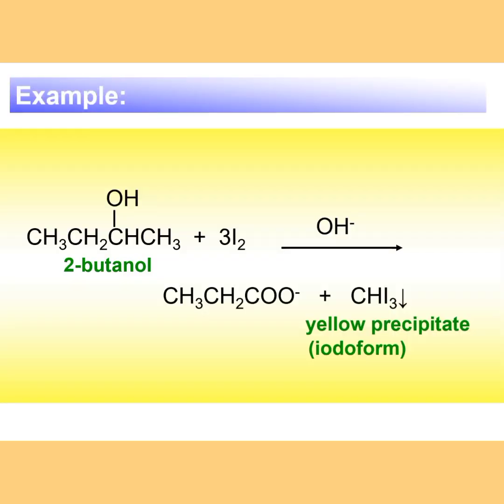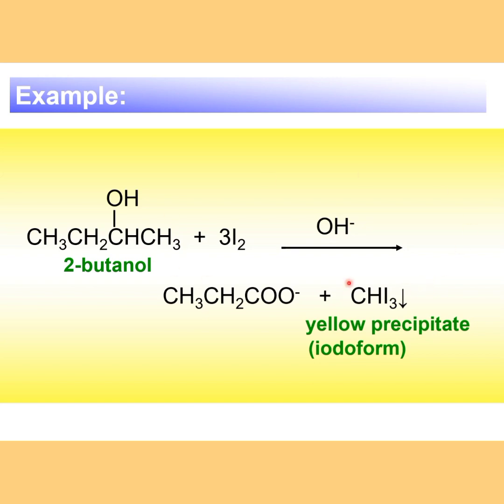Please have a look at this example of reactions when 2-butanol reacts with iodoform reagent. Since butanol has the three items, which are hydroxyl, hydrogen, and methyl bonded to this carbon, it will have a positive result.